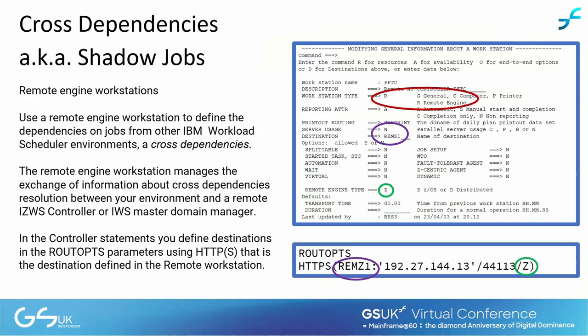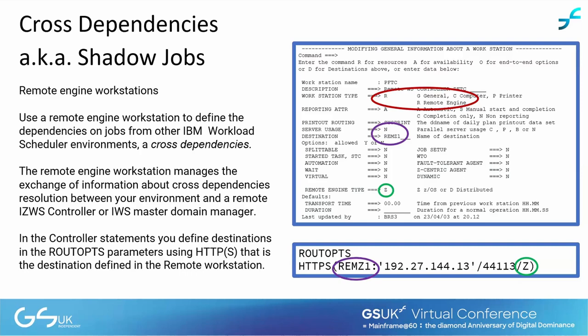So what I have here is what you have to do to be able to use shadow jobs. You need to have a workstation that is representing the master or the controller in another environment.